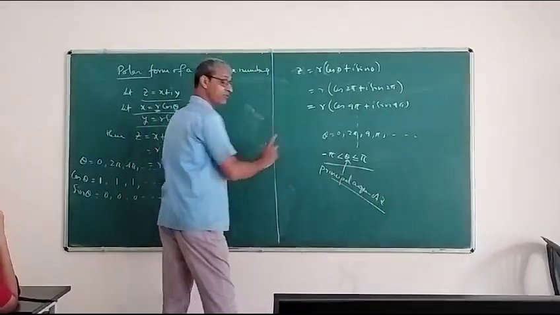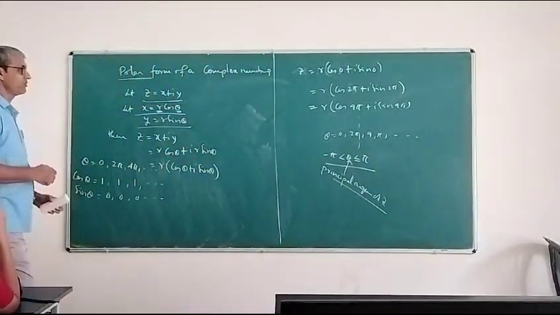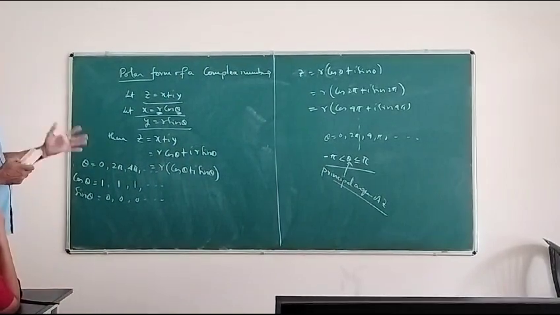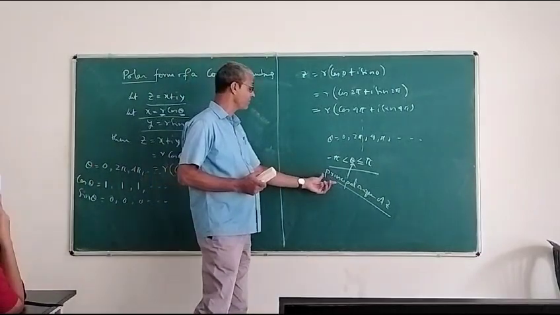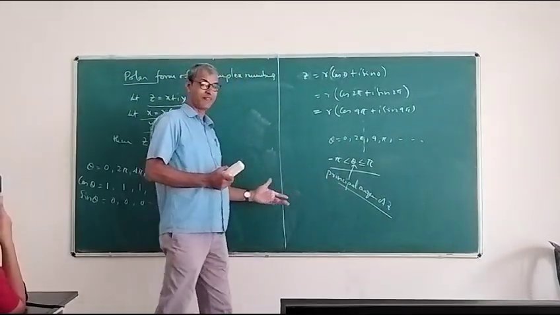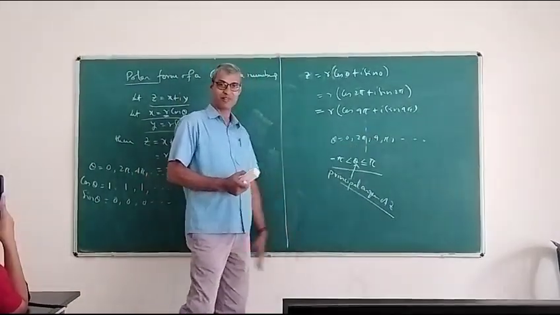This value is unique. So when we talk about the argument of z, in most cases we mean the principal argument, because we have infinite values of argument.